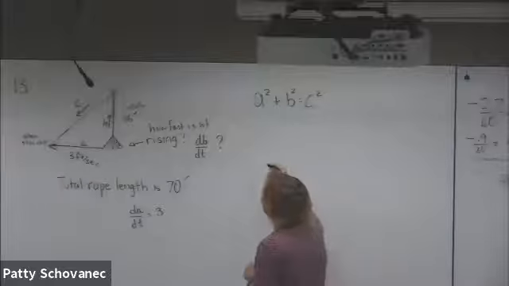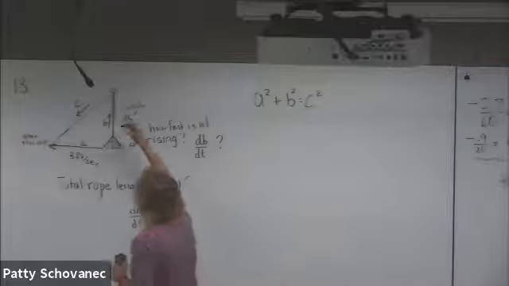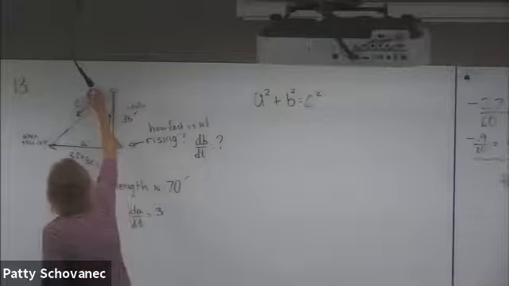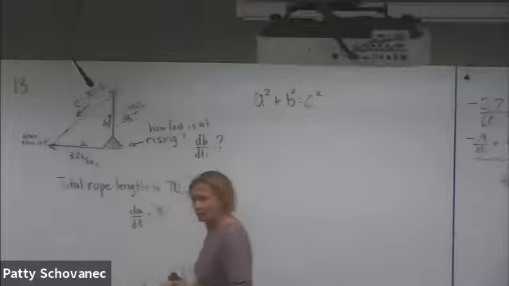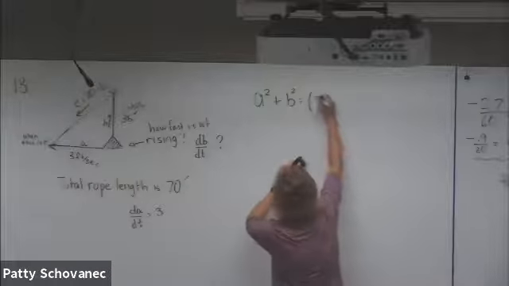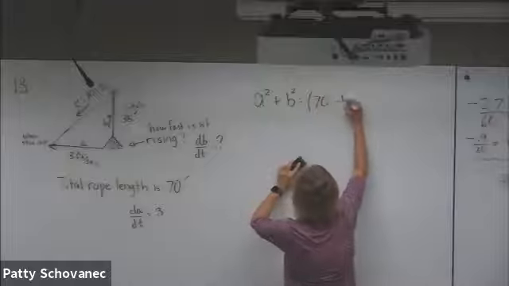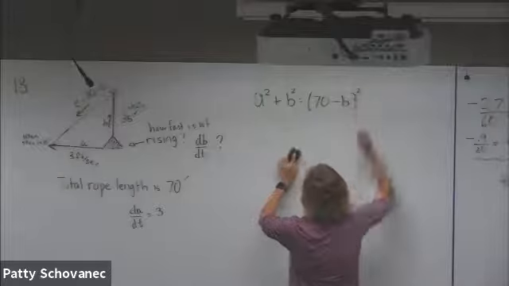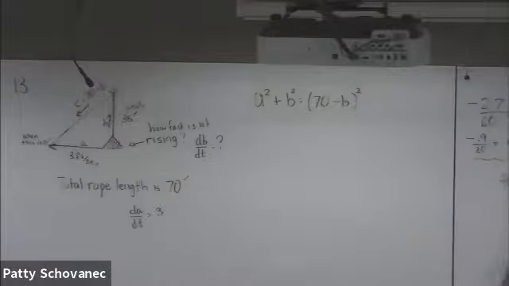So C is 70 minus B. So I'm going to take that out, put 70 minus B all squared here. And now we can take a derivative.